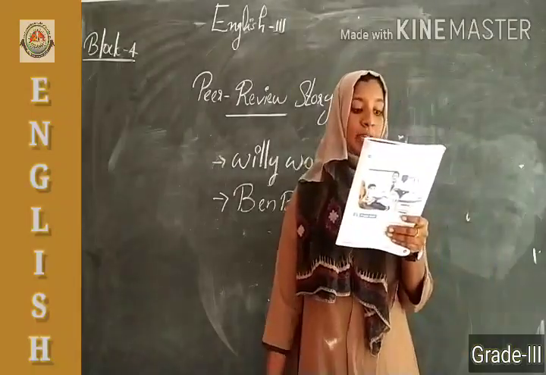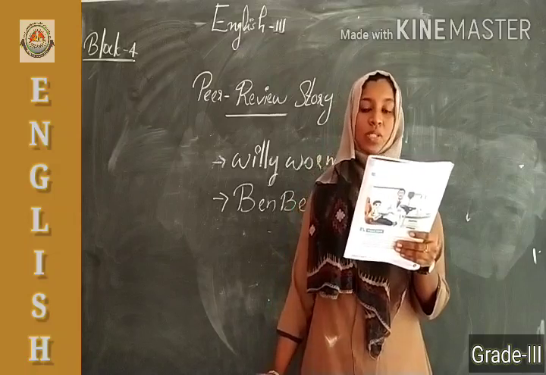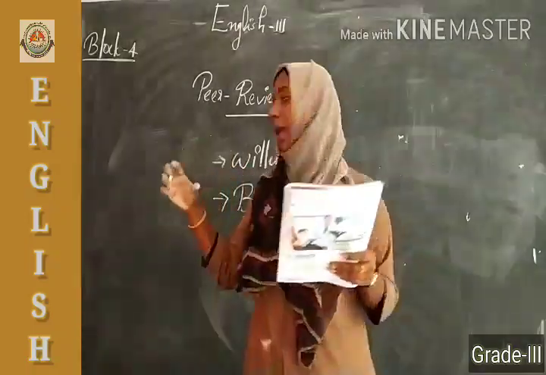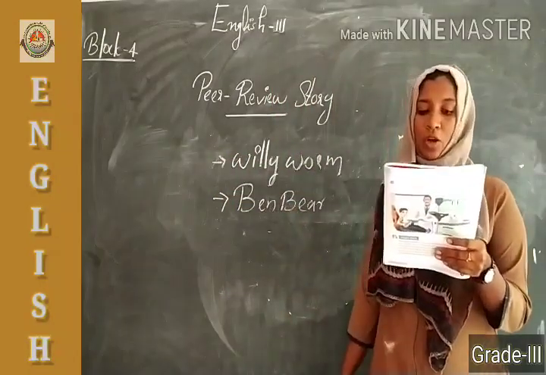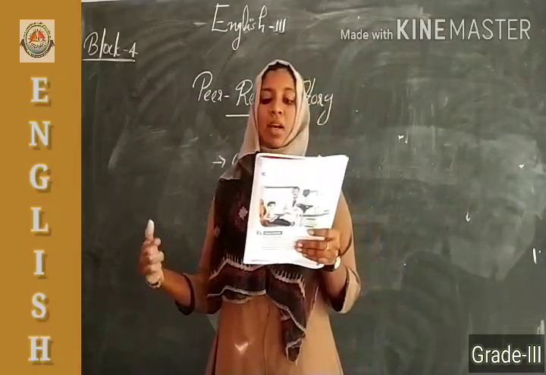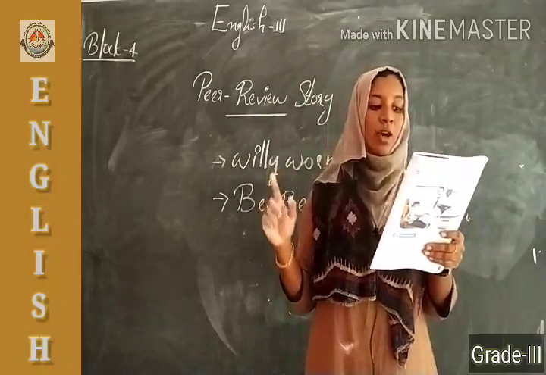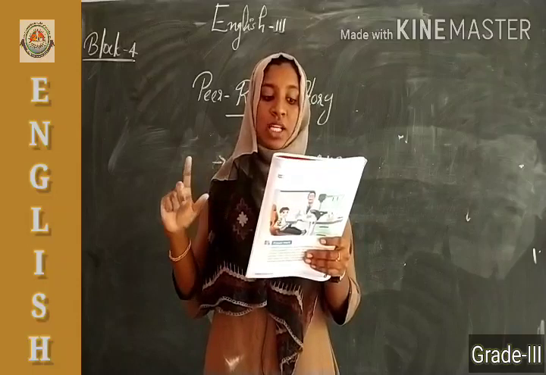And question number B, what is special about what he or she looks like? Yes, you have to mention what is special about your character. Here you have to mention about Ben Bear, okay? So here they said to write a short description. In brackets we have, does he or she have purple hair, wear a hat, is he or she black?